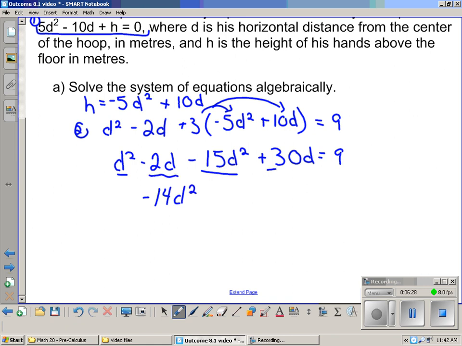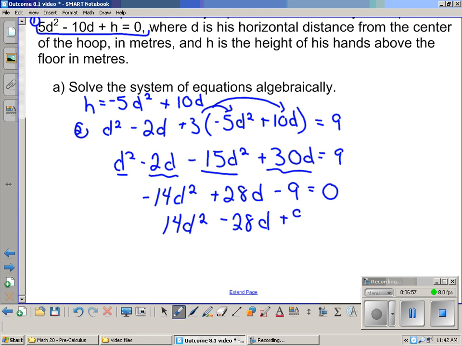Negative 2d and positive 30d is positive 28d. And I'm going to bring my 9 over to this side, so it becomes a minus 9 equals 0. I like to work with positive numbers, so I'm going to multiply everything by negative 1. And I have 14d squared minus 28d plus 9 equals 0.